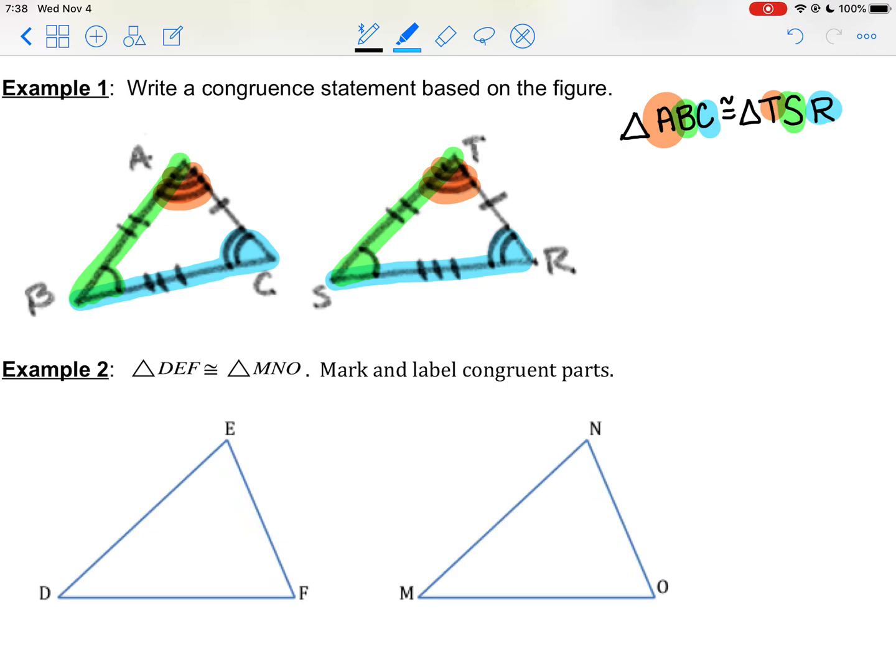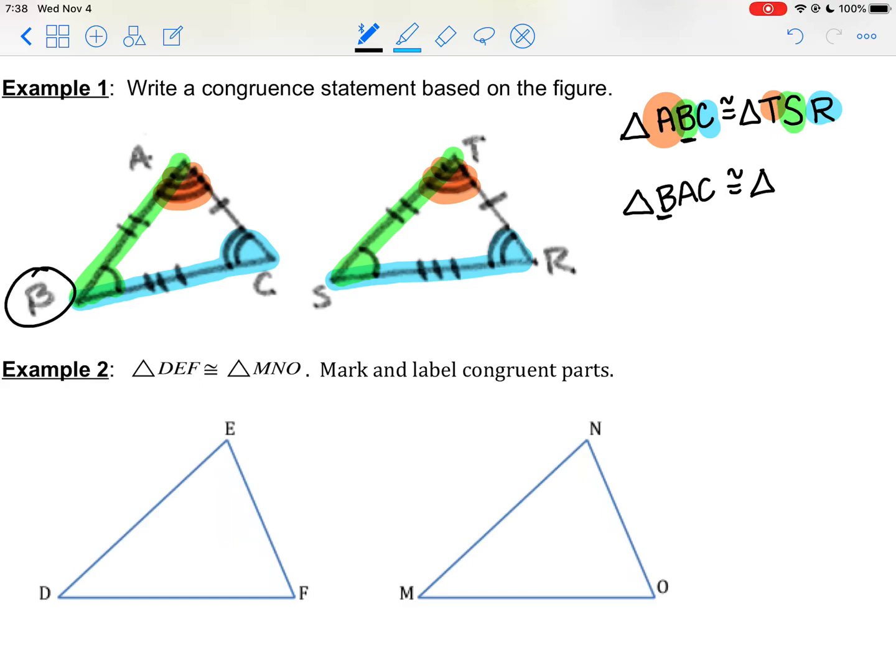The way that we name triangles is very important. Let's say I used a different setup of the first triangle. If I had named this triangle BAC, I would want to make sure that I used those same corresponding parts. If I start with angle B as my first vertex in my first triangle, then I have to make sure that I match it up with its corresponding parts.